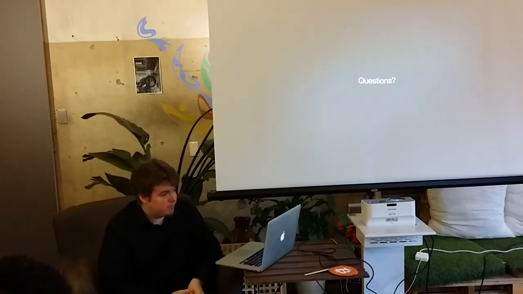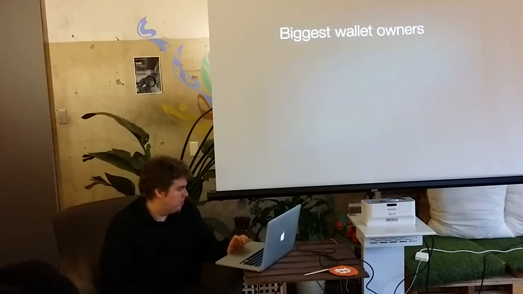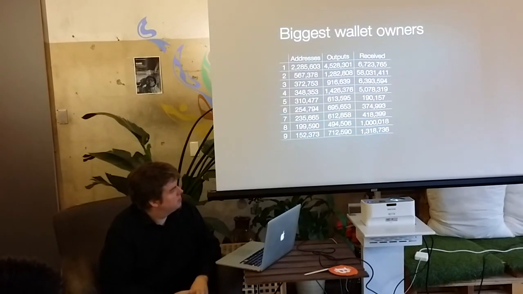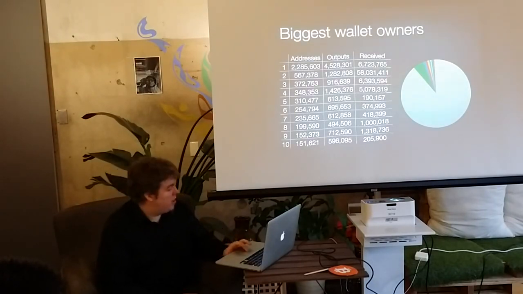The table you had of the owners of 2 million addresses and 1 million. Do you know? Yeah, this one. So have you identified what they are, or is it just the cost? Number 2 and a few ones further down are Mt. Gox.